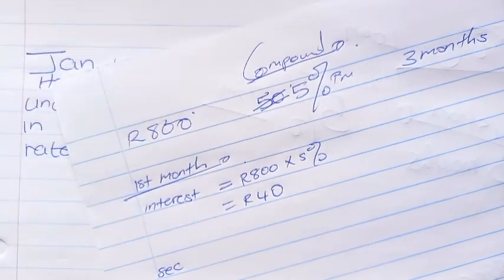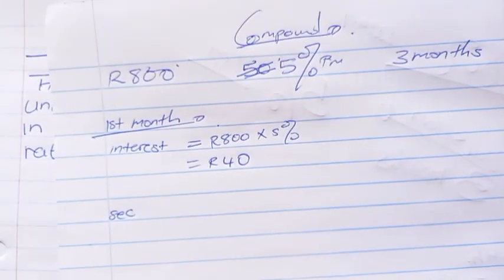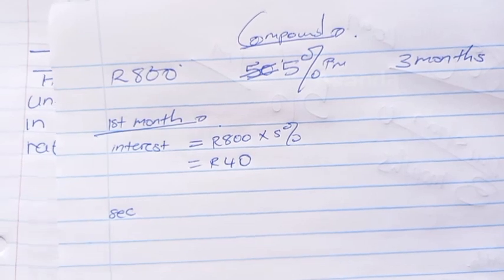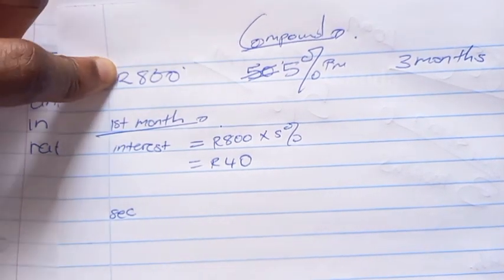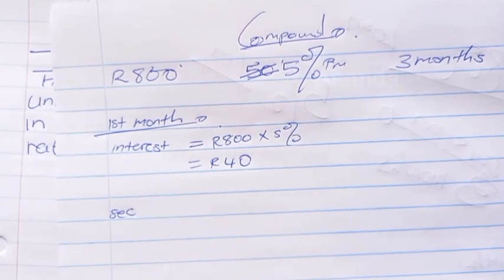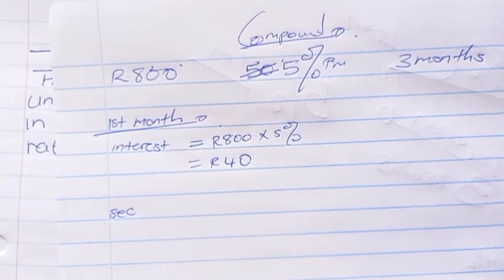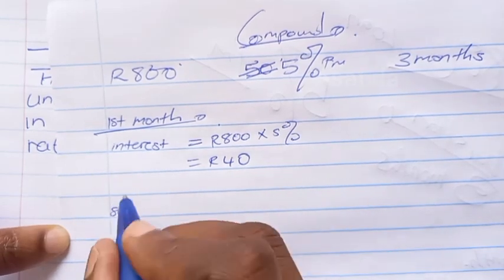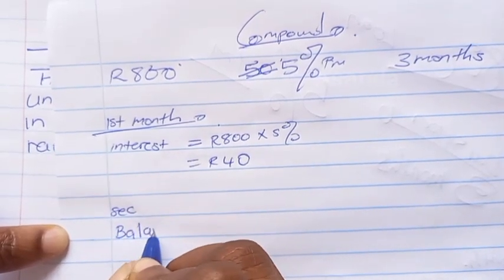In the second month, we're going to say, how much do we have now, right? We had a loan of 800 rand, and then on that loan, an interest of 40 rand was added. Okay, we don't have 800 anymore. We have 840 that we have to pay. So first calculate the balance.